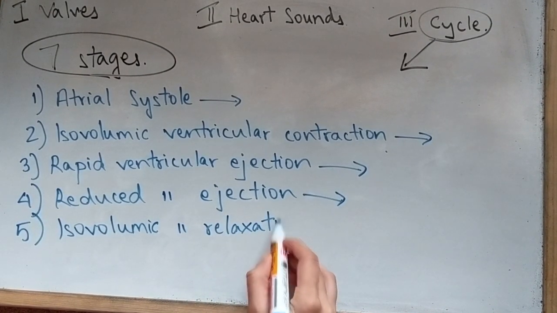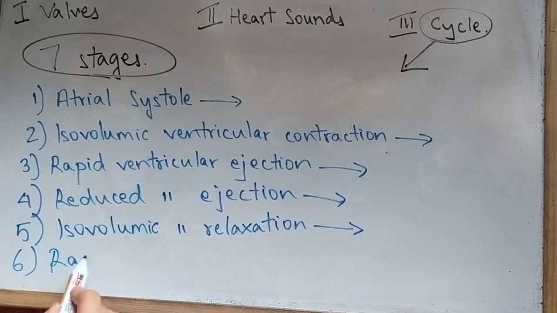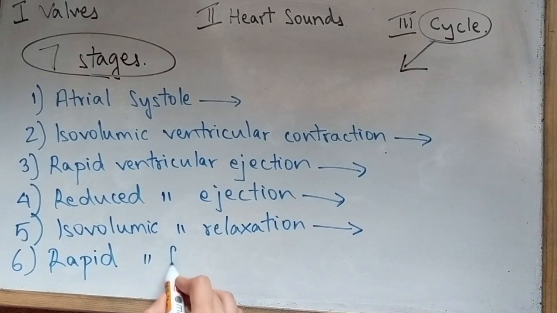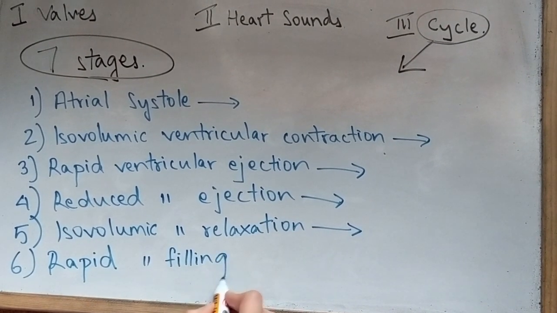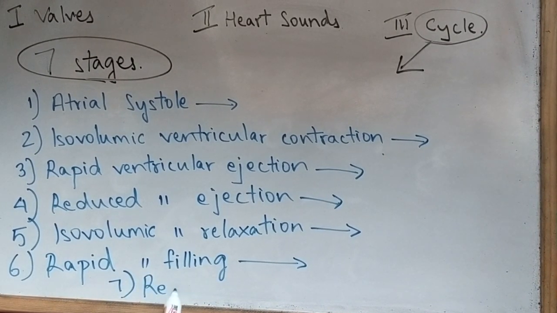And 6th one, rapid ventricular filling. And again, the 7th stage would be a slower version. So we have the reduced ventricular filling, and these are the 7 stages of the cardiac cycle.